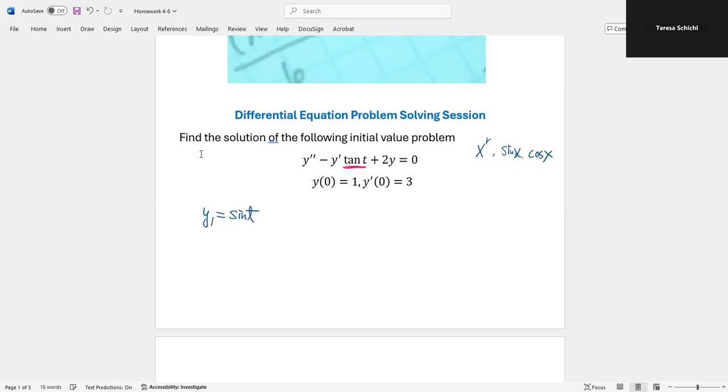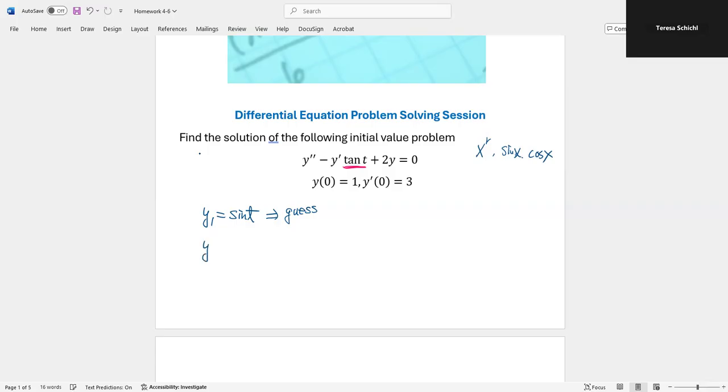If I find one solution, then I will be able to use the reduction method or the Abel formula and try to get my second solution here. So y1 is sine t. So let's see if that works or not.